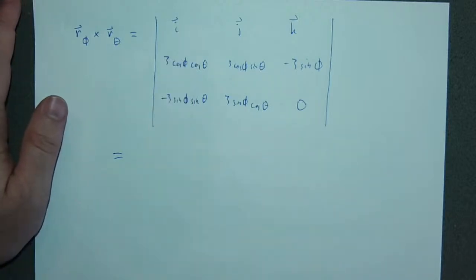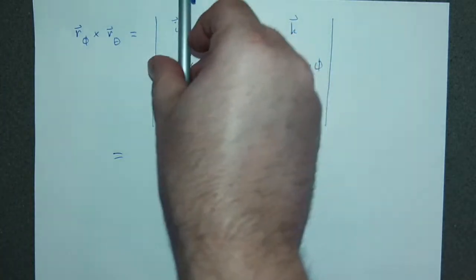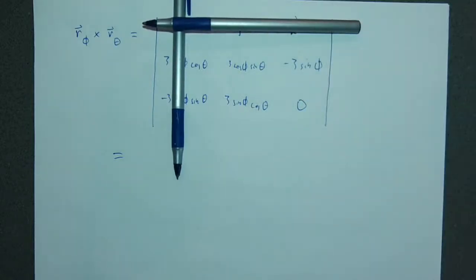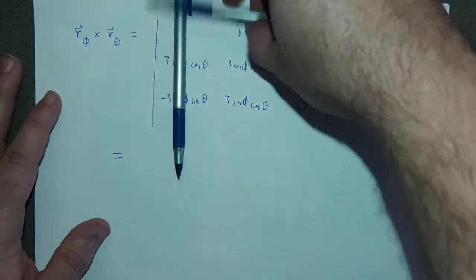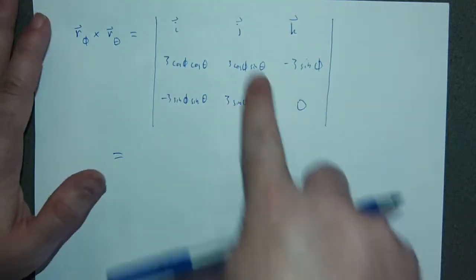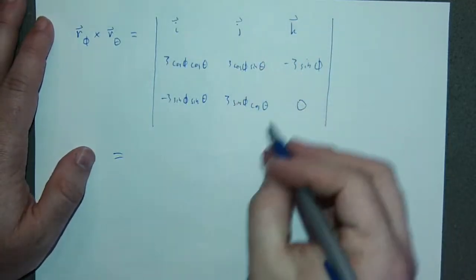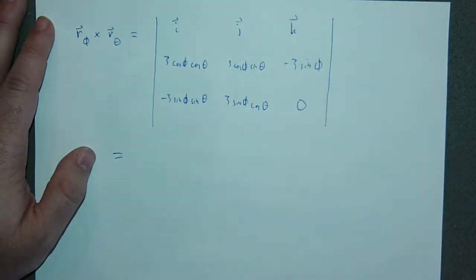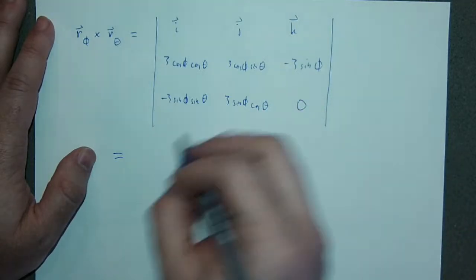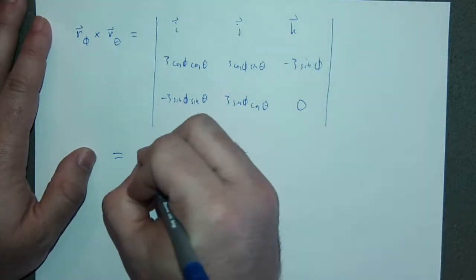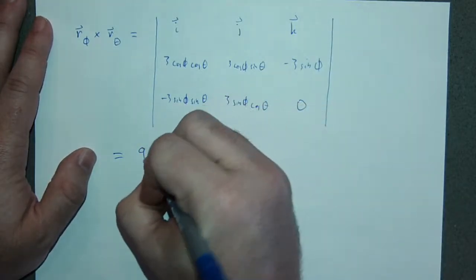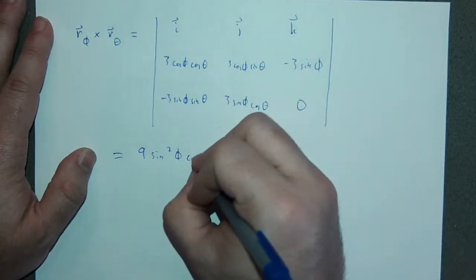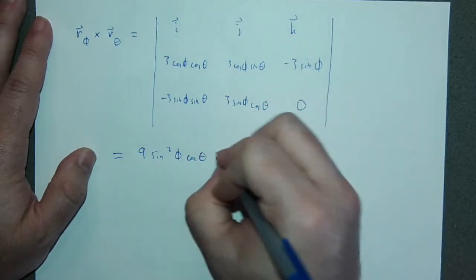So for the i slot, I'm computing the determinant of that 2 by 2 that's left over. So this is 0 minus 9 times sine squared phi cosine theta. So this is just 9 sine squared phi cosine theta i.